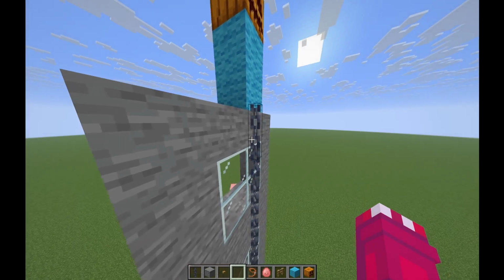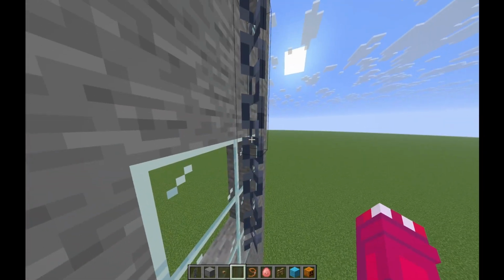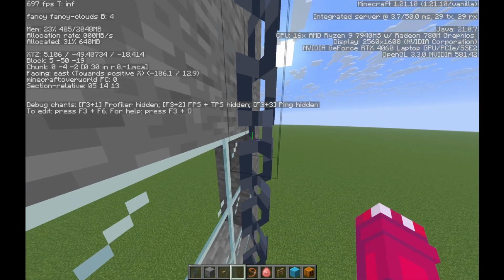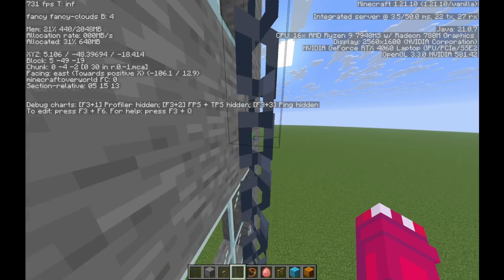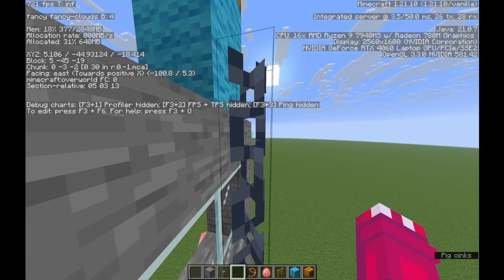Alright, so when we're thinking about the y, let's just say we pick this random pixel right here. I hope this helps you think about the x, y, z coordinates, right? As you can see, right here the y coordinate is negative 49.4, right? We're looking at the y, but if we move up, see all your numbers stay the same except for the y. Okay, so if we're looking at this pixel right here, now y is equal to negative 44.9, right?